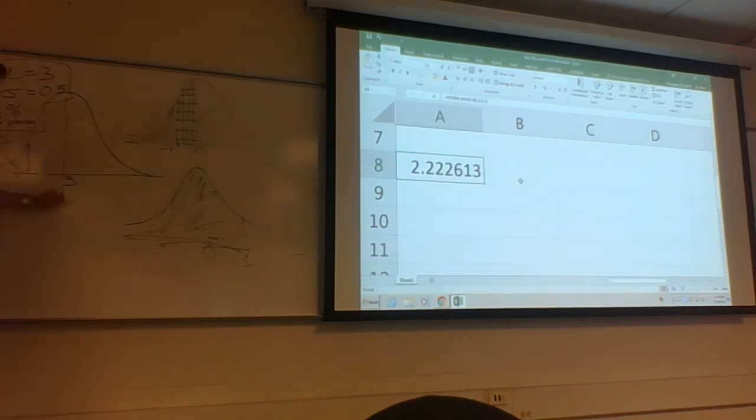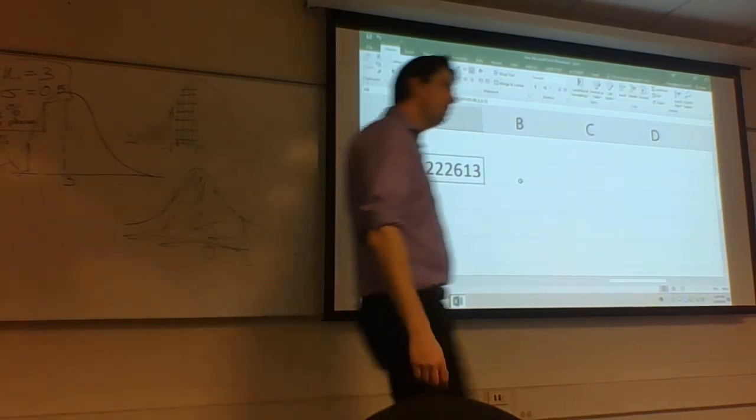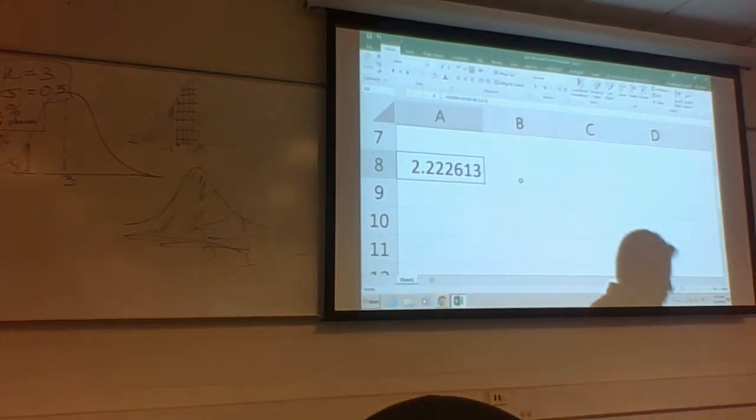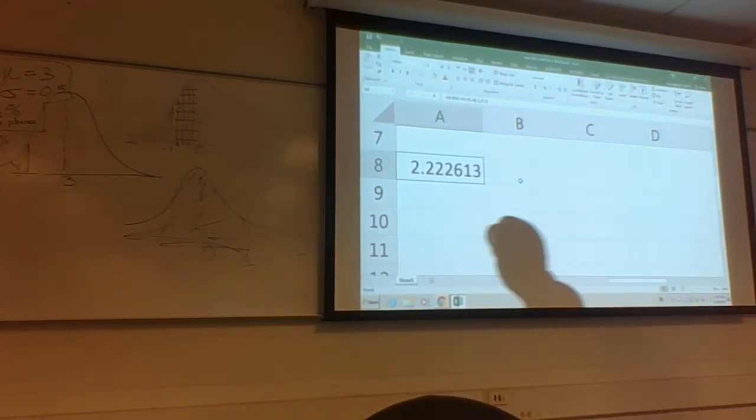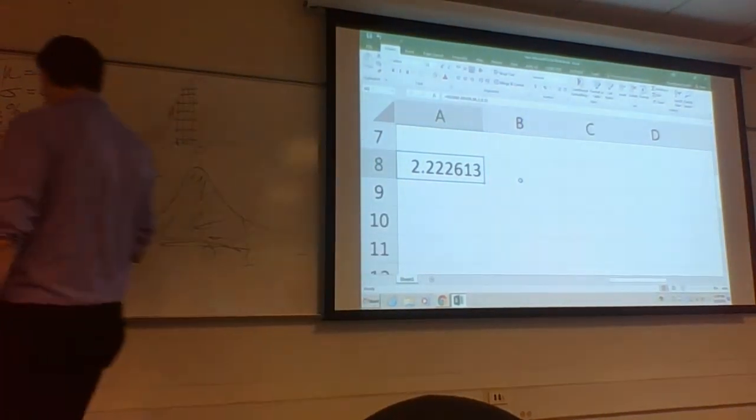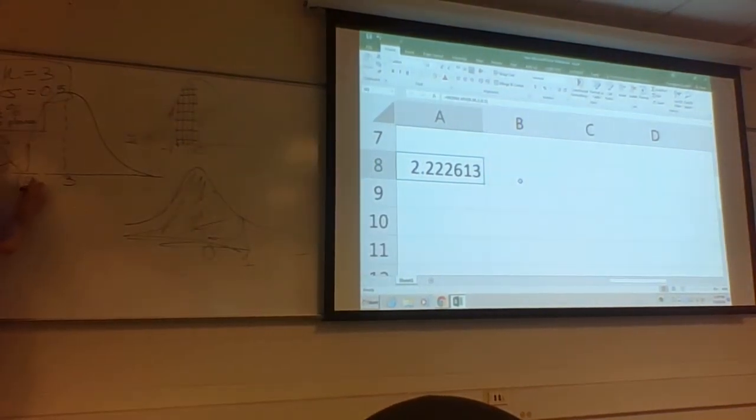But let's imagine, just for simplicity, that it wasn't 2.22216. Let's imagine that was 1.9, hypothetically. If it was 1.9, and we rounded up to 2, what would happen to that 6%? Would it still be 6%?